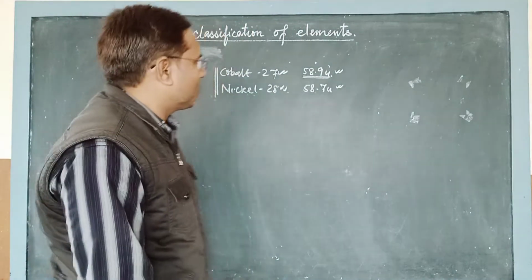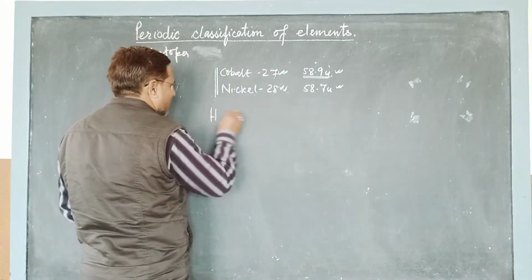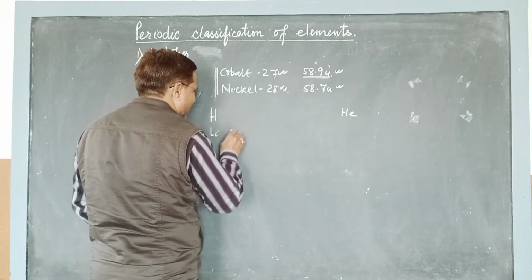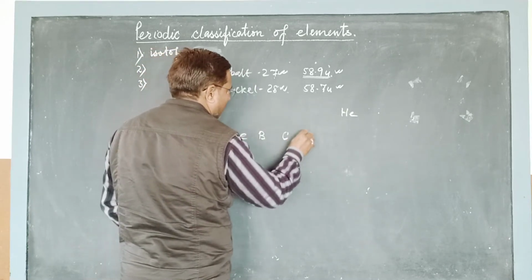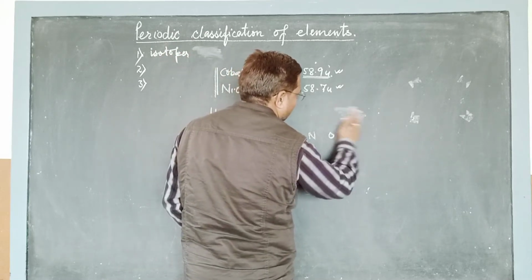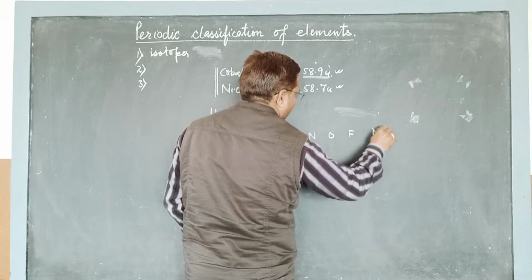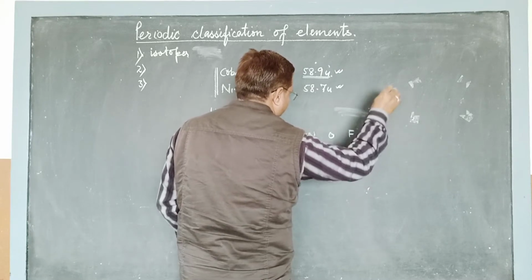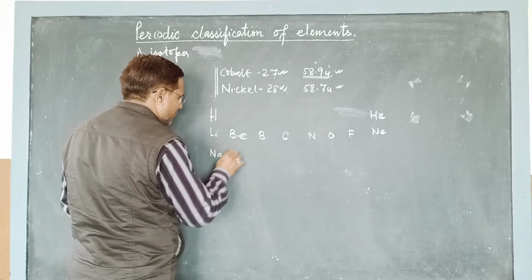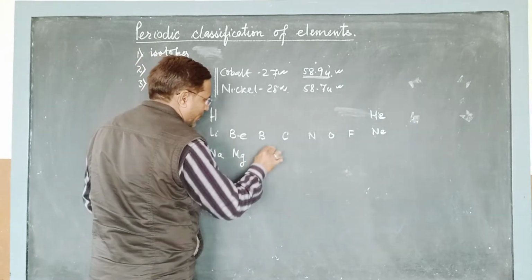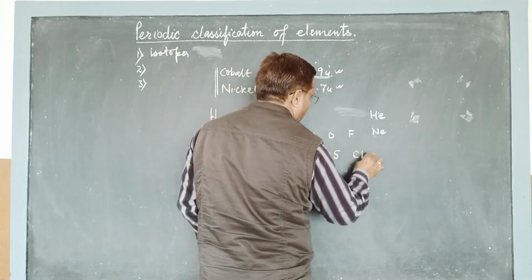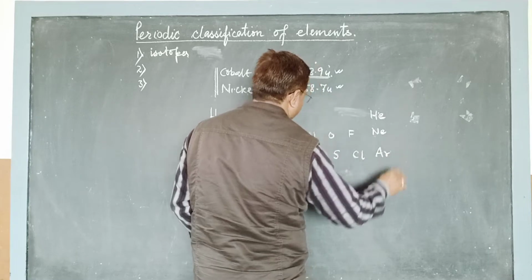For example, hydrogen, helium, then lithium, beryllium, boron, carbon, nitrogen, oxygen, fluorine, and then neon. Then here we have sodium, magnesium, aluminium, silicon, phosphorus, sulfur, chlorine, and argon.